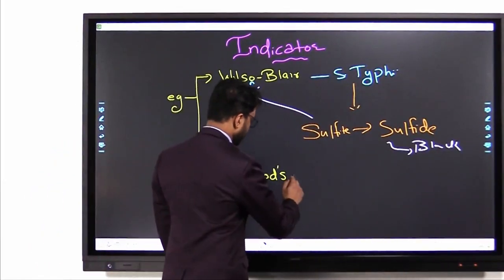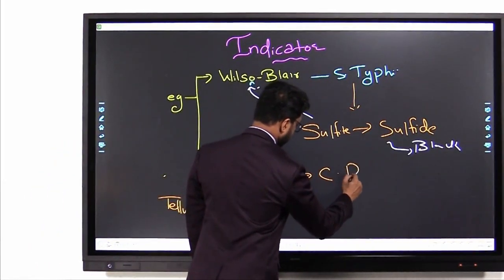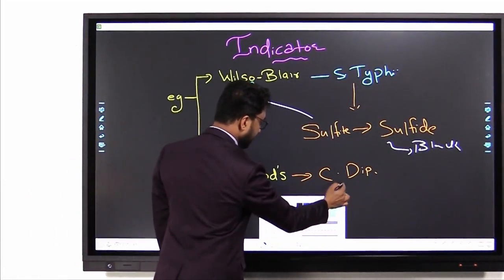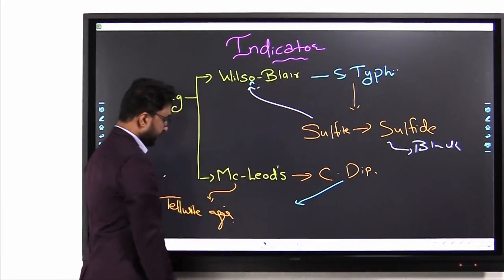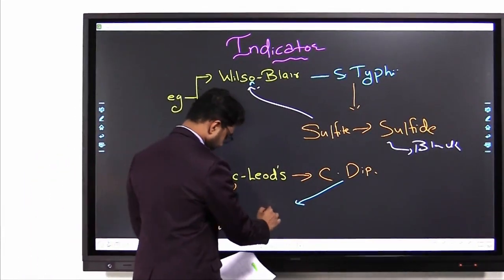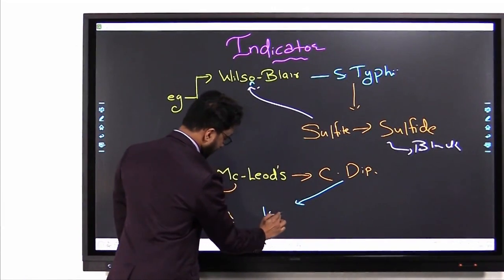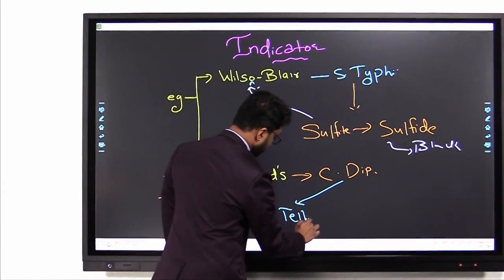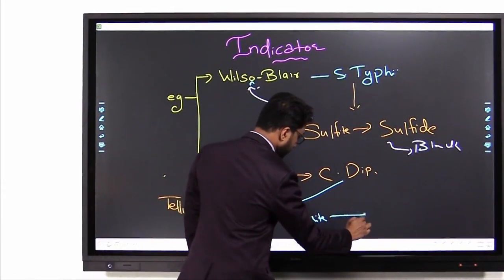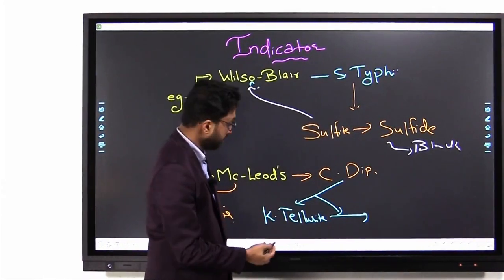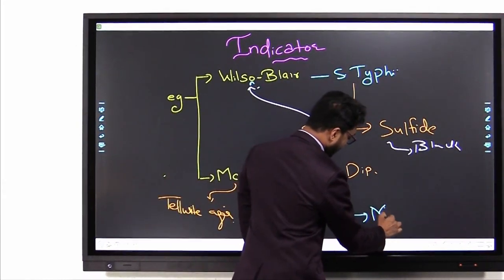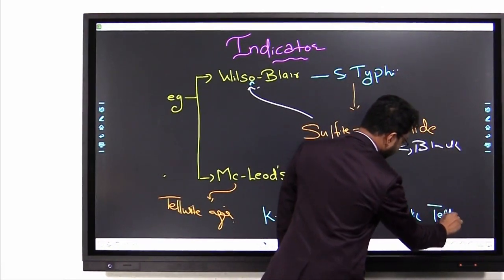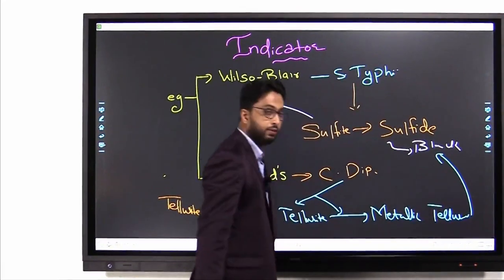This is used for what? Corynebacterium diphtheriae. Now what does it do? It can convert the potassium tellurite, so just write KT, potassium tellurite, into metallic tellurium, which is again black.